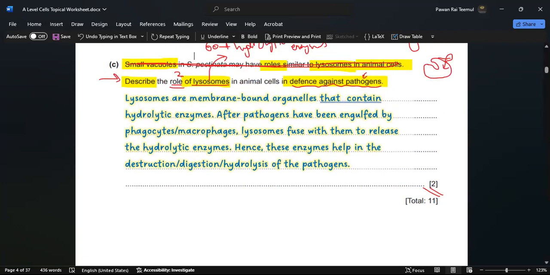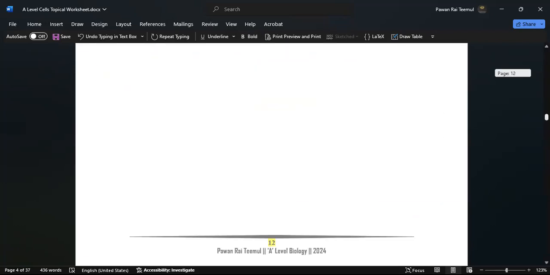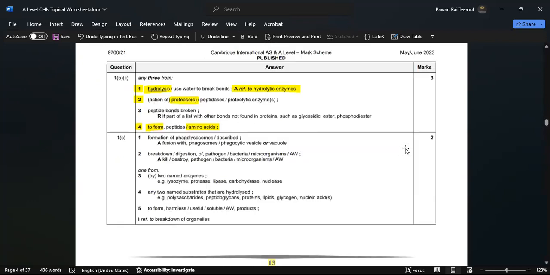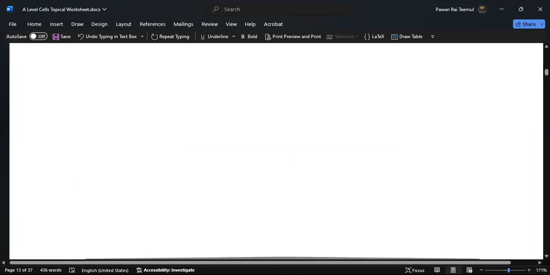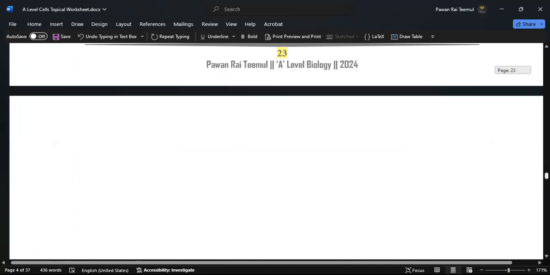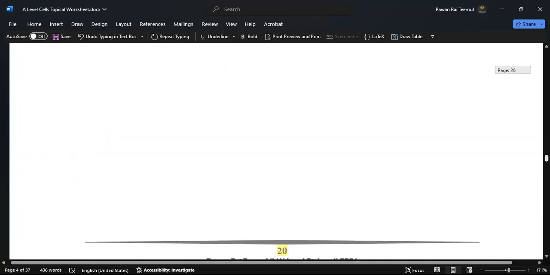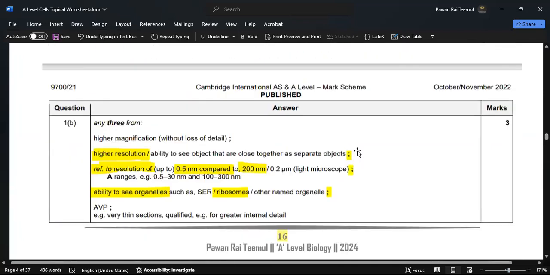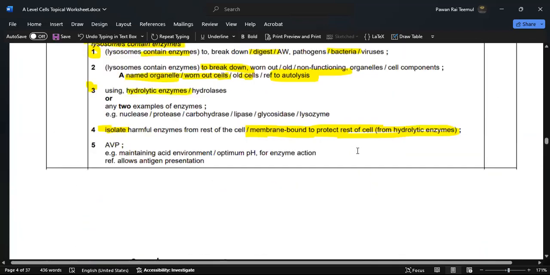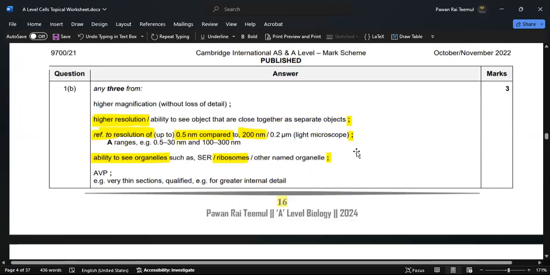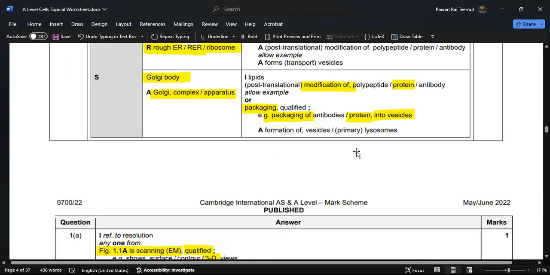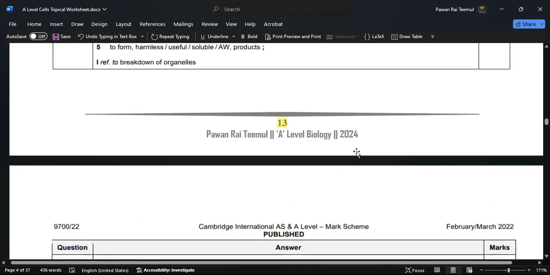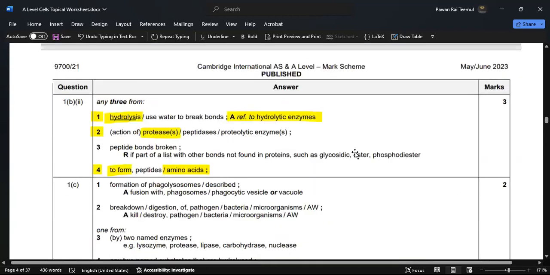Now for 2 marks, I'm not sure what the mark scheme says, so let us have a look. Here it is.